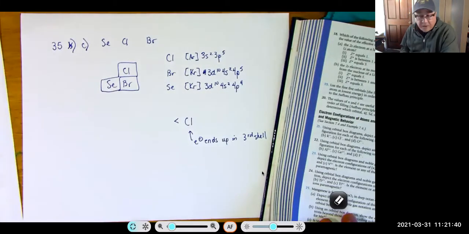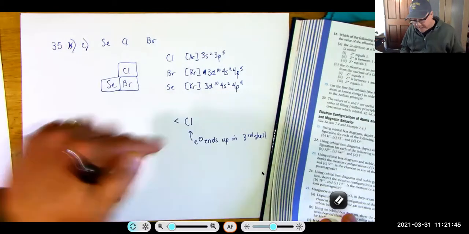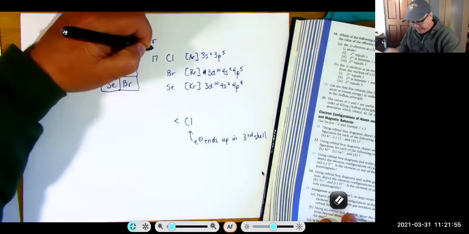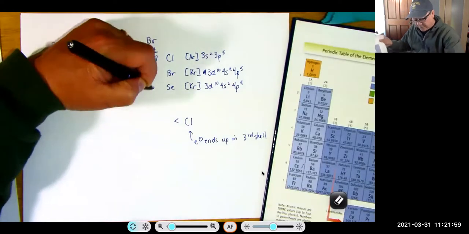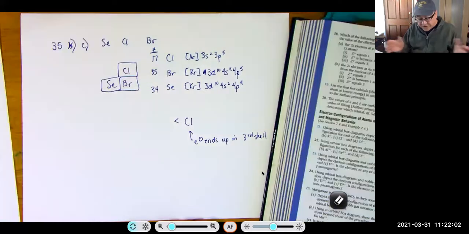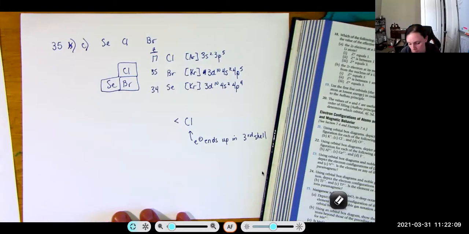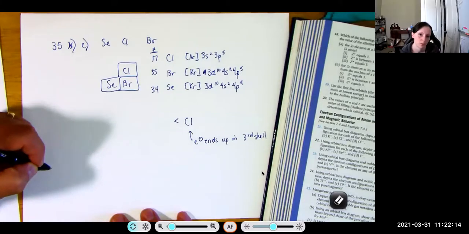Actually, this has two unpaired electrons, I'm sorry, but the electron ends up being paired. So you can't say one's going to be paired, one's unpaired. So this guy has 17 protons. This guy has 35 protons, and this one has 34 protons. So which is bigger, bromine or selenium? Bromine is smaller because it has more protons.